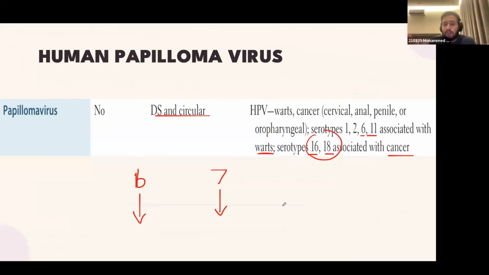Hence why you have cancer with 16 and 18. The most important one is 16. However, they're usually together, but usually it's 16 more associated. Other serotypes that cause cancer are 31, 33, and some other ones. Memorize these two. Again, 6 and 11 cause warts.